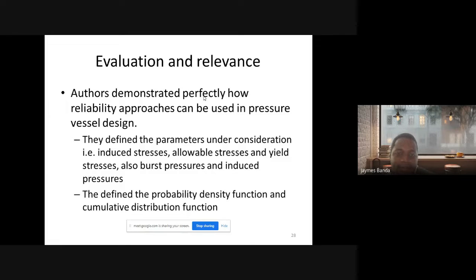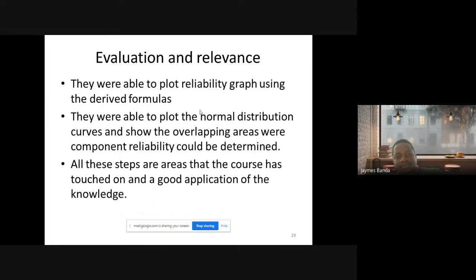Now, in terms of the evaluation and relevance of the research, the author demonstrated perfectly how reliability approaches can be used in pressure vessel design. They defined the parameters under consideration, i.e., the induced stress, allowable stress, and yield stress, also burst pressures and induced pressures. They defined the probability density function and the cumulative distribution function.